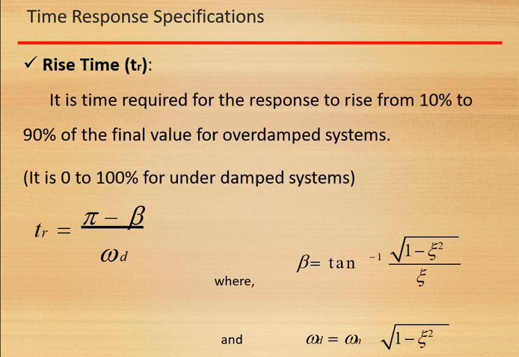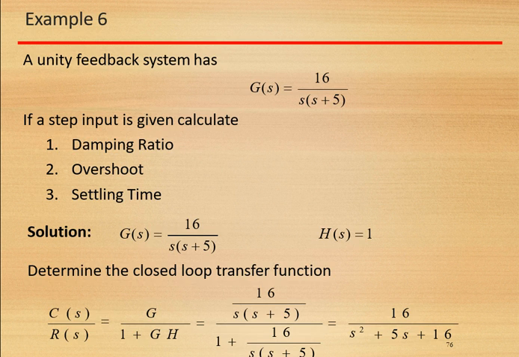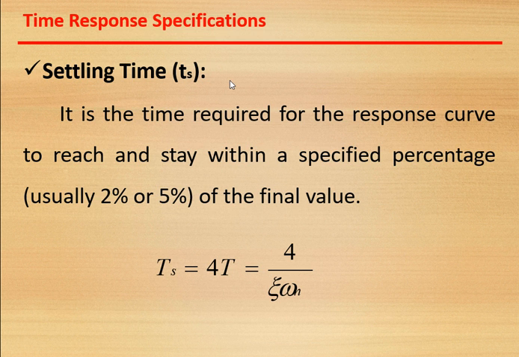Now settling time, that is TS, is the time required for the response curve to reach and stay within a specified percentage, that is 2% to 5%, of the final value. As we have seen in first order system analysis, it should be 4T.